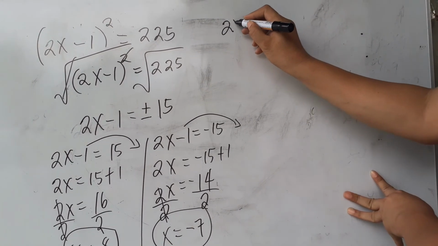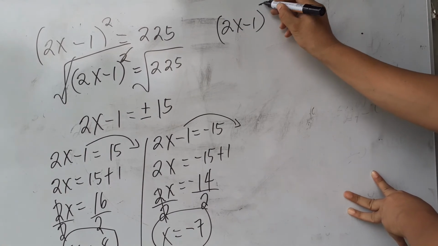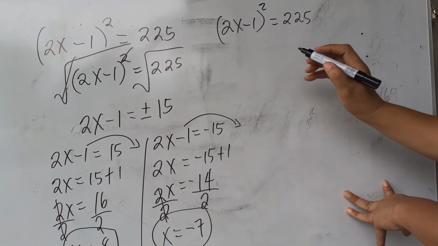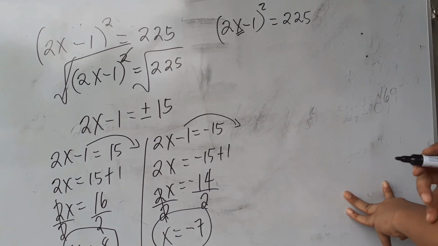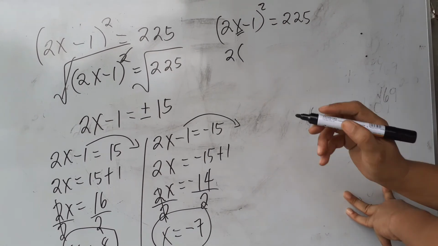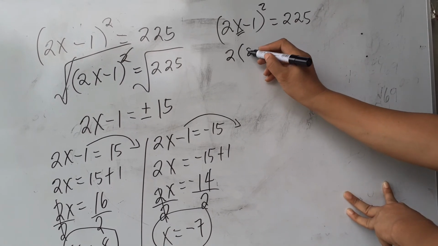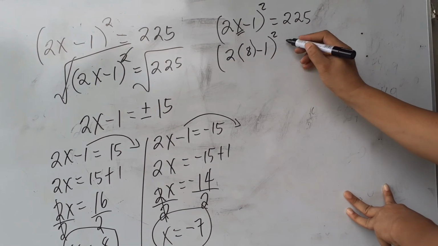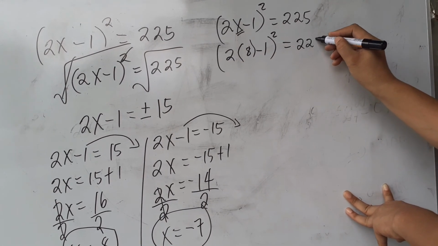So we have 2x minus 1 raised to the second power is equal to 225. So substitute natin yung first value ni x. So we have 2 multiplied by 8 minus 1, it is equal to 225.